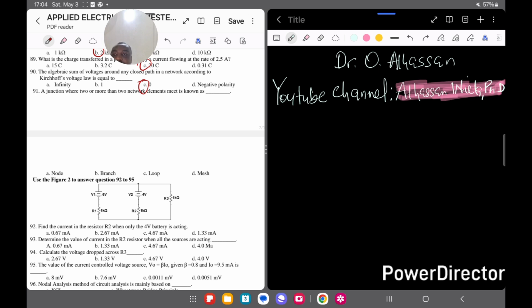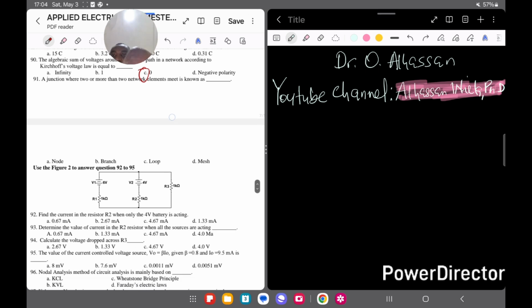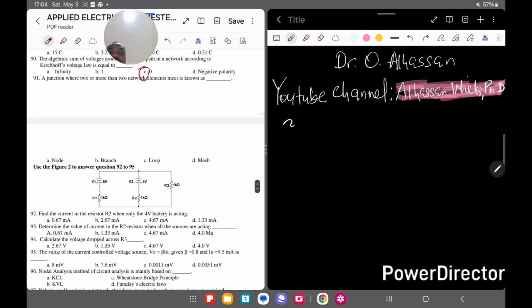A junction where two or more than two networks meet is known as, okay, that will be what? A node, right? If two or more network elements meet, let's say you have a resistor.